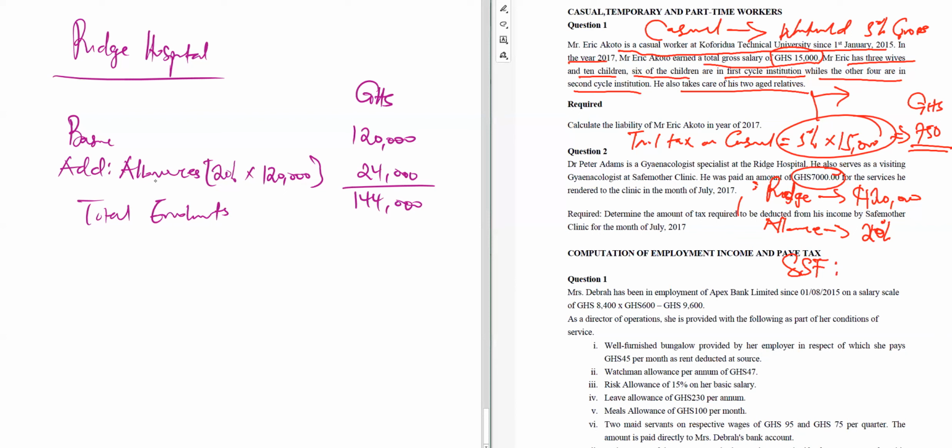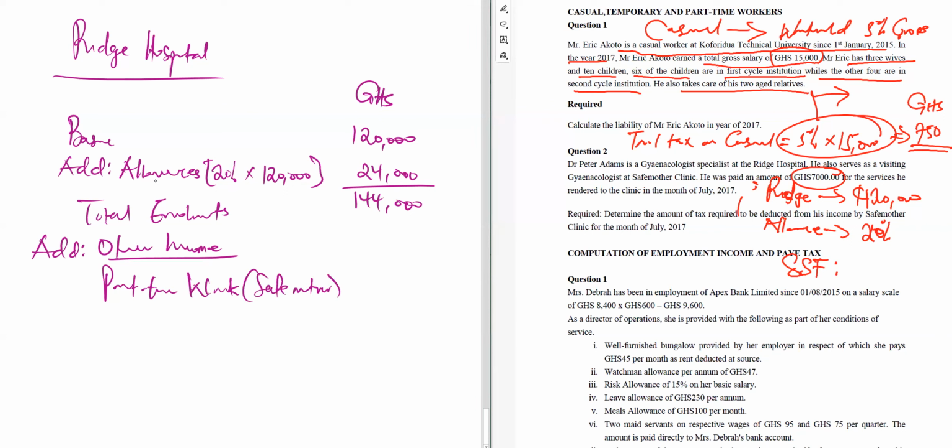So once we get his total emolument, we add other income, right? So under other income, what other income did he receive from elsewhere? Part-time work, right? He had some part-time work at Safe Mother Clinic. Do you remember? And how much did he receive there? So because it's on account, we are going to add this whole 7,000 to his income.